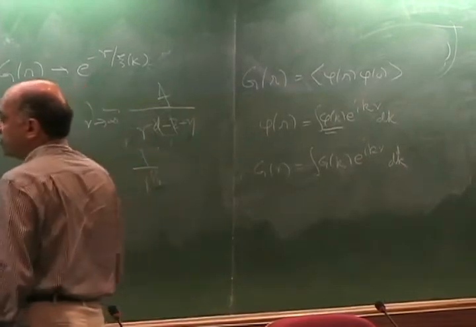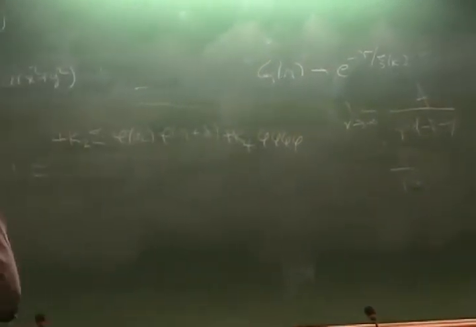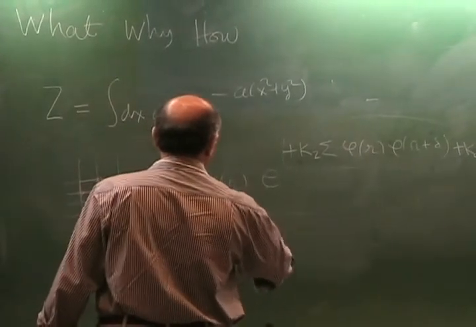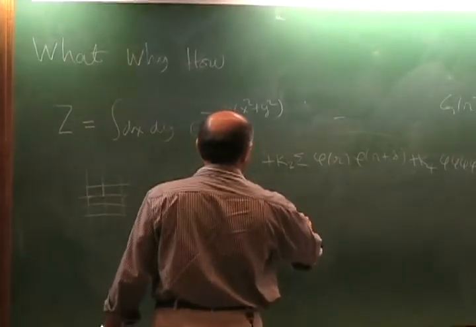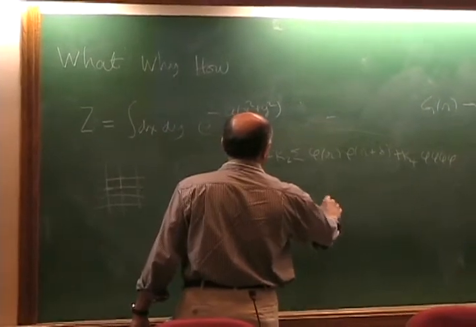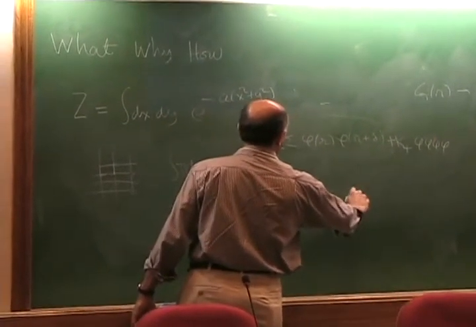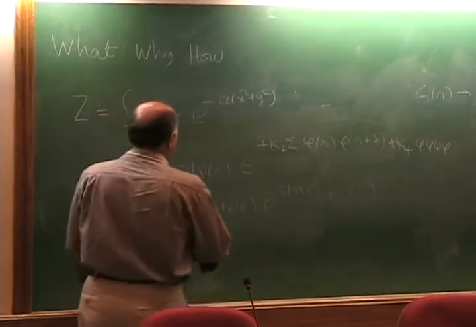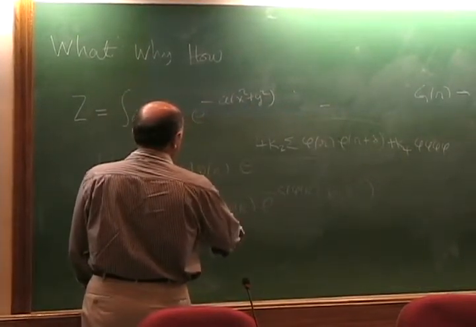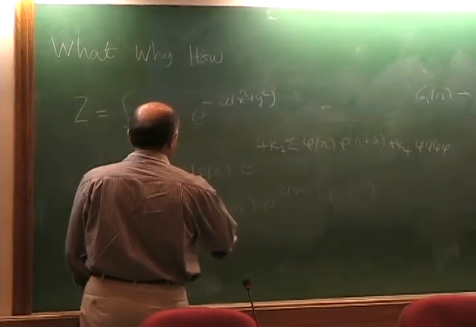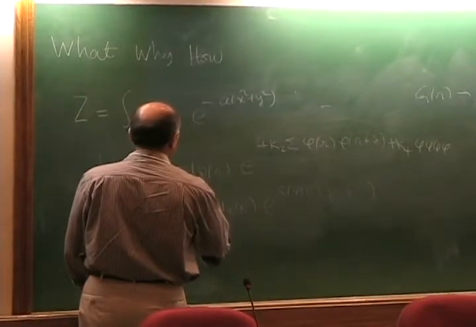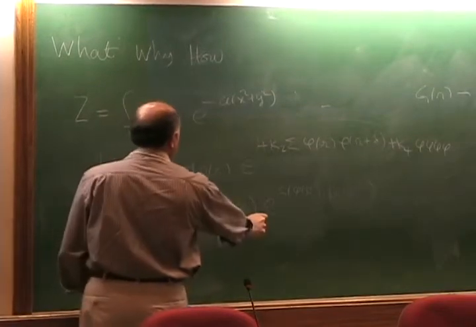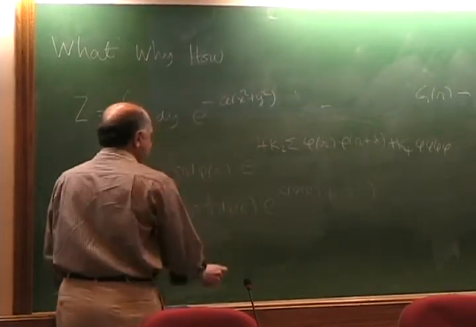So it follows that if you come to this partition function and you write here the product over phi of k, e to the minus Boltzmann weight that depends on phi of k and all these other coupling constants, K2, K4, etc., and you divide this into phi of k's where k is less than some number lambda and k is bigger than lambda, then all the quantities of interest are controlled by phi of k for k less than lambda.